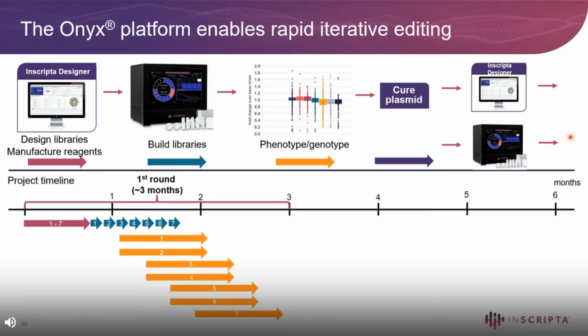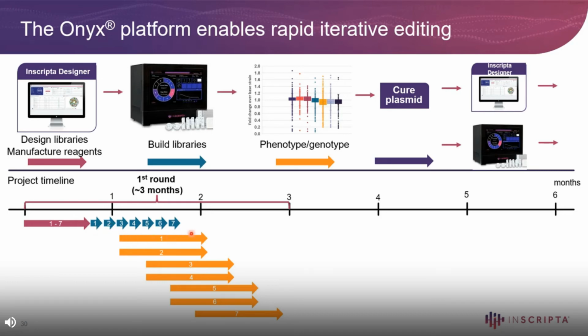Okay, so here's the project timeline. The first round of screening work that we did took about 3 months. It was about 3 weeks to design and manufacture the reagents. It's about 3 to 4 days to build the libraries because this is using yeast.